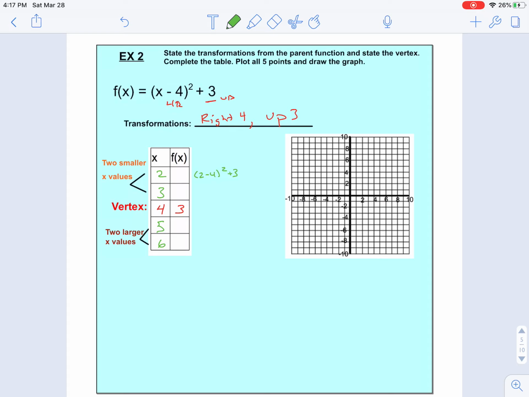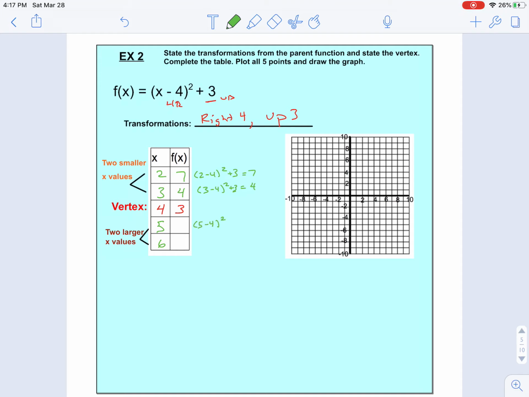2 minus 4 squared plus 3. 2 minus 4 is negative 2. Squared is 4 plus 3 is 7. All right. 3 minus 4 squared plus 3. 3 minus 4 is negative 1. Squared is positive 1.